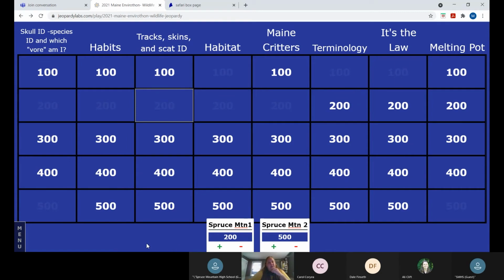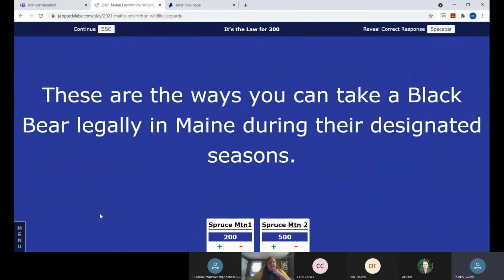All right, so I think it's back to Spruce Mountain 1. Let's take It's the Law for 300, please. Okay, these are the ways you can take a black bear legally in Maine during their designated seasons. What is trapping, hunting with dogs? And I'm not sure how to word the other one.